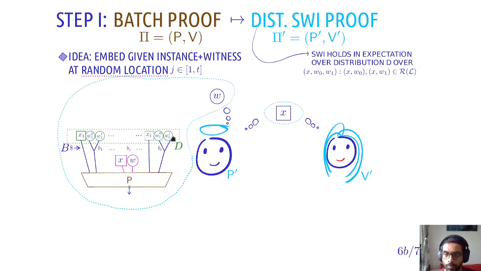So the prover first samples these instance witness pairs from the distribution D, and then it tosses a coin string B of length T, and uses it to select one of the witnesses. This results in a proof phi, and the prover sends the proof phi, the random location J, along with the instances to the verifier.